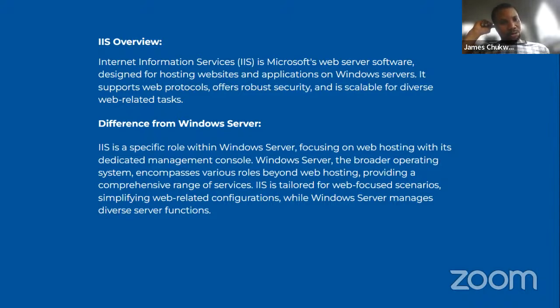Internet Information Services is a specific role within Windows Server, focusing on web hosting with its dedicated management console. However, Windows Server, the broader operating system, encompasses various roles beyond web hosting, providing a comprehensive range of services. Internet Information Services is tailored for web-focused scenarios, simplifying web-related configuration, while Windows Server manages diverse functions.